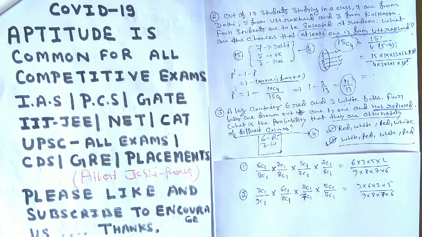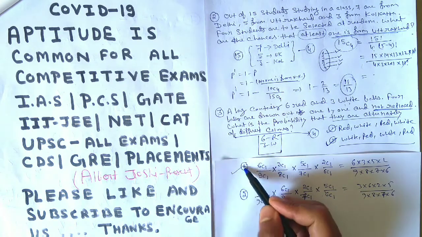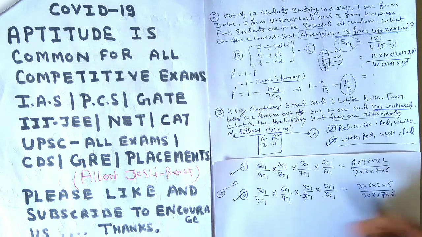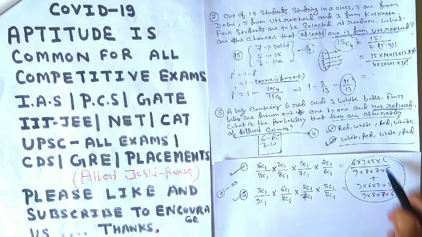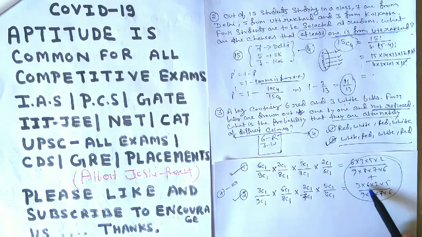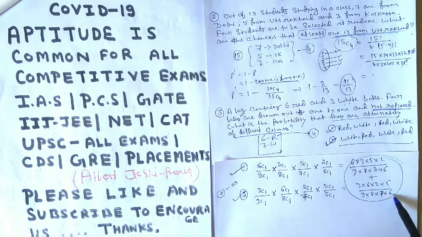Okay. So now either this case will happen or this case will happen. Whenever you have such a problem, with "or this case or this case", where or means plus, you will add both of them. If you add both of them, you can see this number and this number are both the same. 3, 9, 8, 7, 6, and 3, 6, 2, 5.